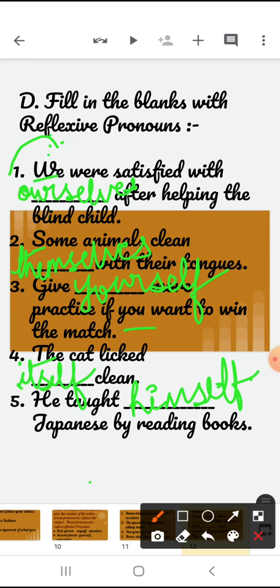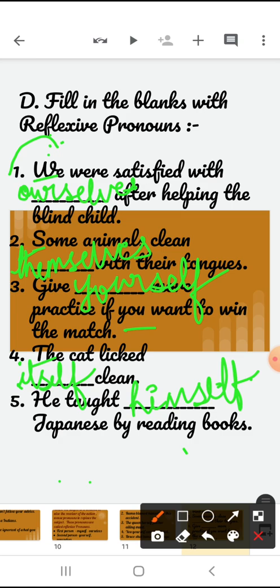We are satisfied with ourselves after helping the blind child. Some animals clean themselves with their tongues. Give yourself more practice if you want to win the match. The cat licked itself clean. He taught himself Japanese by reading books.